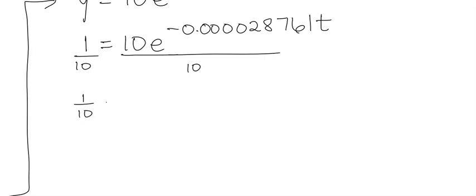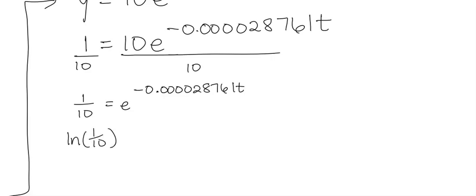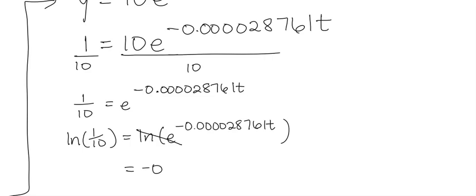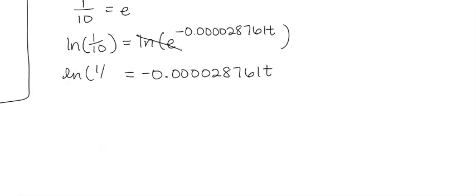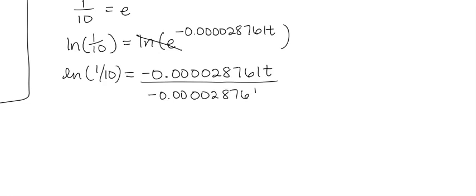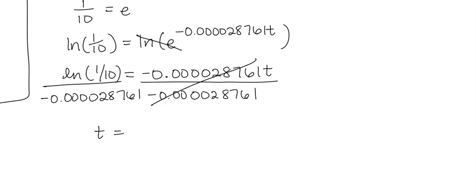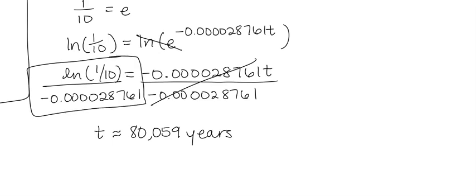So I get that 1/10 is equal to e to the kt. I'm going to use natural log on both sides to cancel out the e. I'm only left with what was in the exponent on the right side of the equation. And then to solve for t, I'll need to divide by this decimal on both sides of this equation. So I get that t is equal to approximately 80,059 years when I put this fraction here into the calculator.